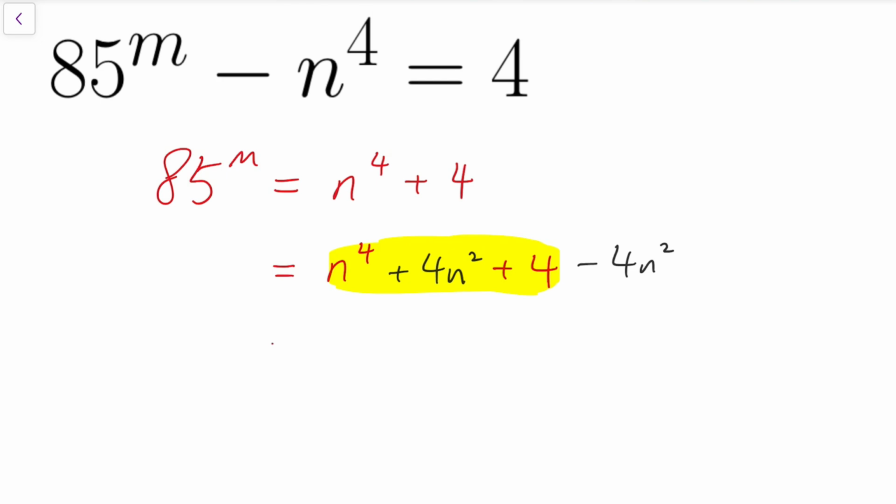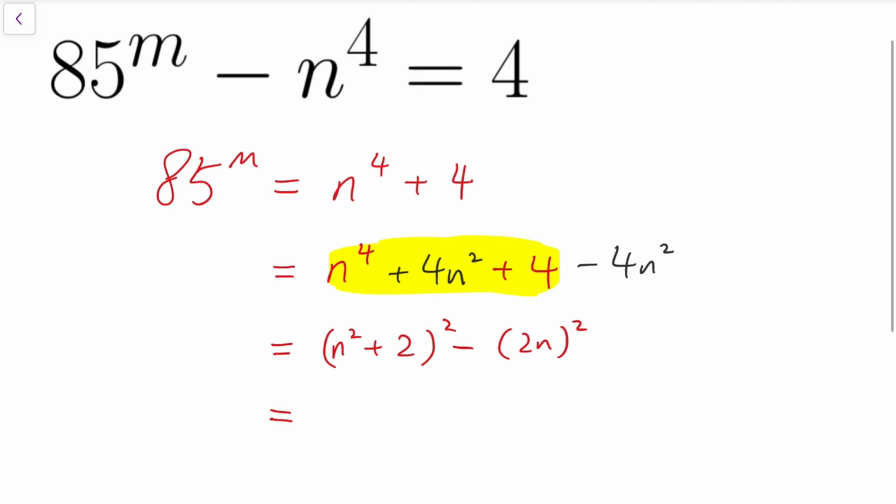So I can treat it as a difference of squares and factorize it. Like this. And so we have n squared plus 2n plus 2 multiplied by n squared minus 2n plus 2.